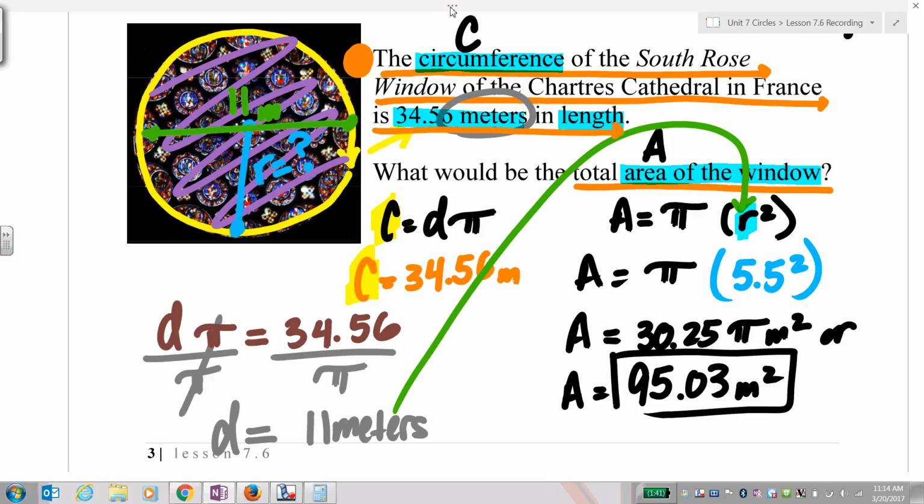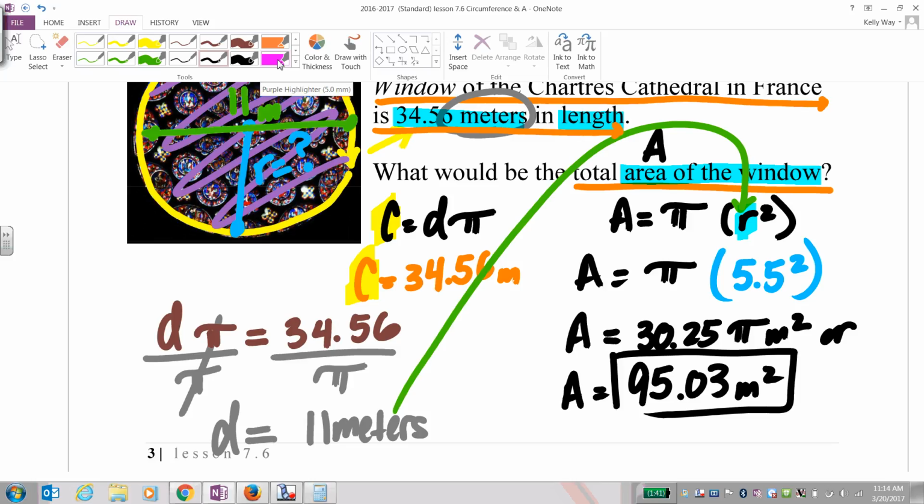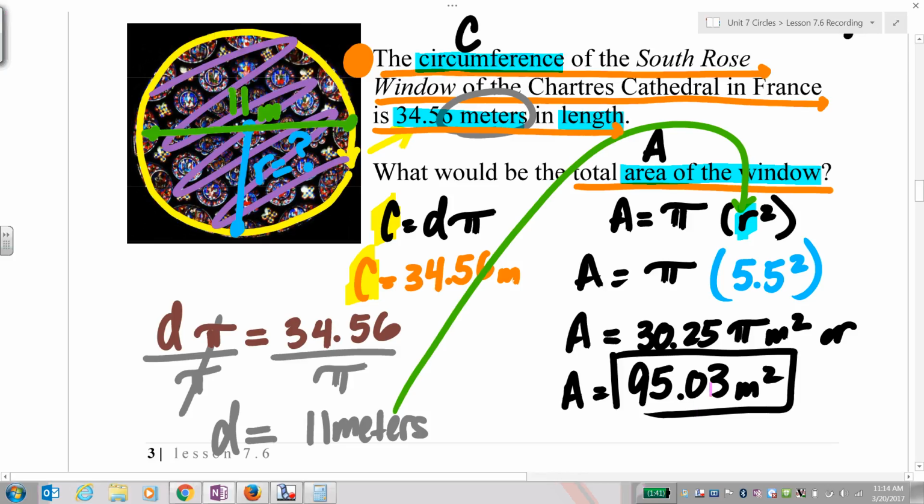So there is close to 100 square meters for that rose window in the Chartres Cathedral in France. French students, you can pronounce that a lot better than mine. Chartres, is that how it's pronounced?